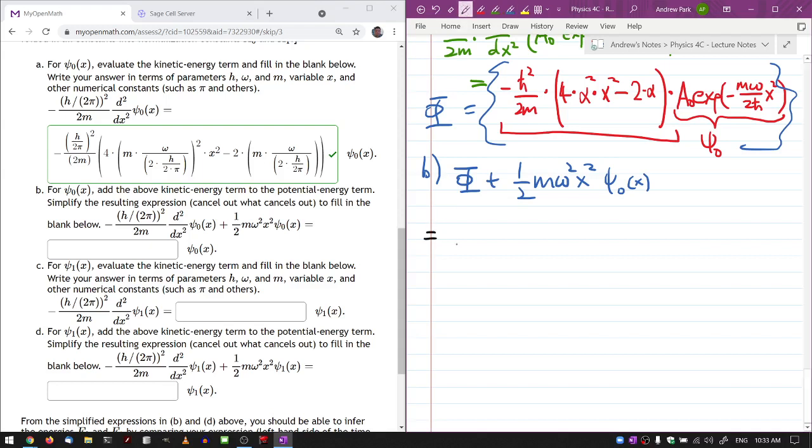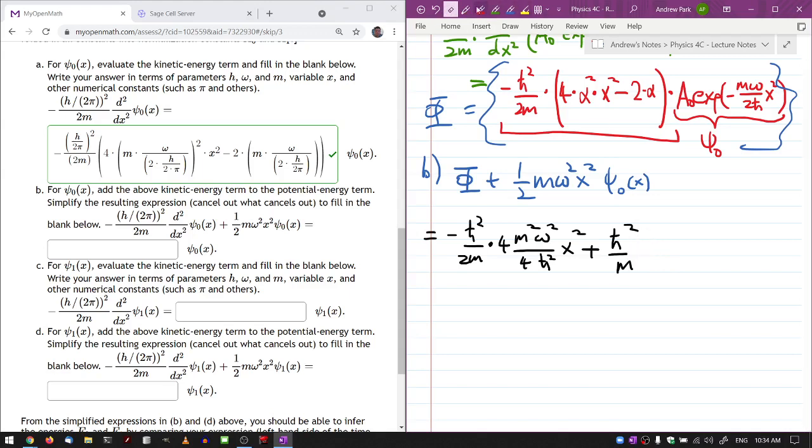When I do that, what you get is minus h bar squared over 2m times 4 alpha squared. That's going to be m squared omega squared over 4 h bar squared times x squared. That's the first term, plus 2, and for the second term, minus 2 cancels out, so I have h bar squared alpha over m, or let me write out what alpha is.